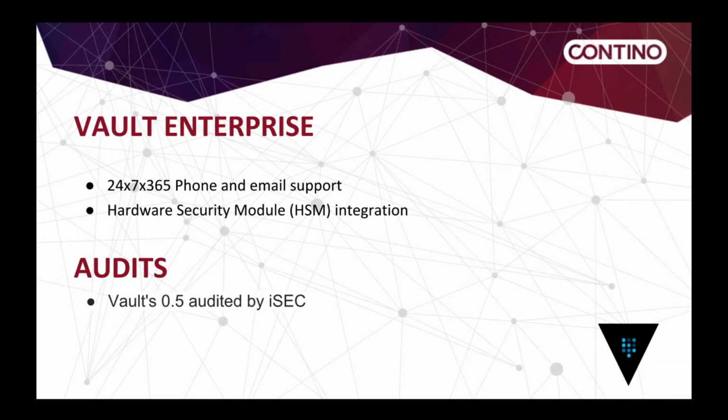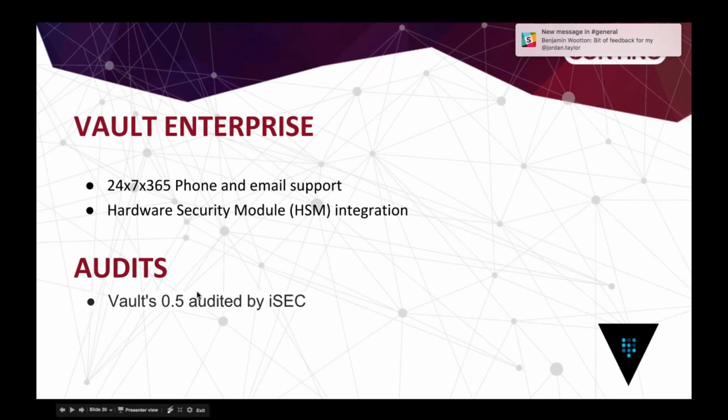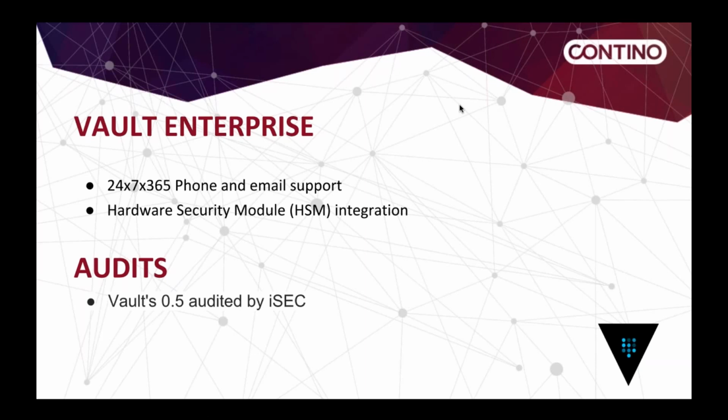And you also have hardware security module integration, which means you could place all of those split key shares in your HSM, or you could transit your master key, your encryption decryption key, the key that Vault uses to decrypt all of its own secrets. That also comes with Vault Enterprise. Vault 0.5 has also been audited.